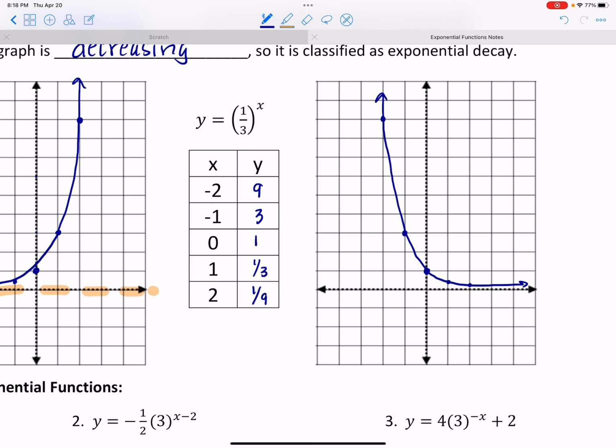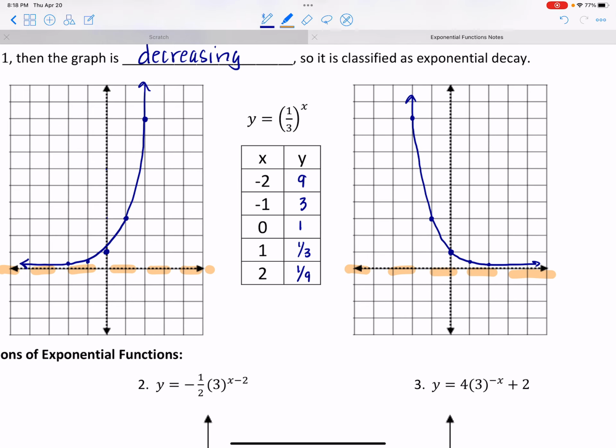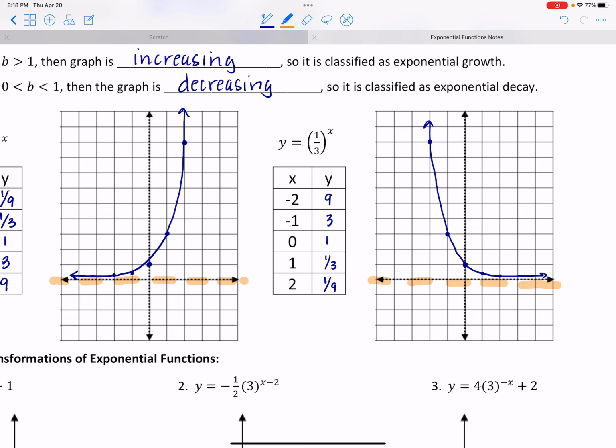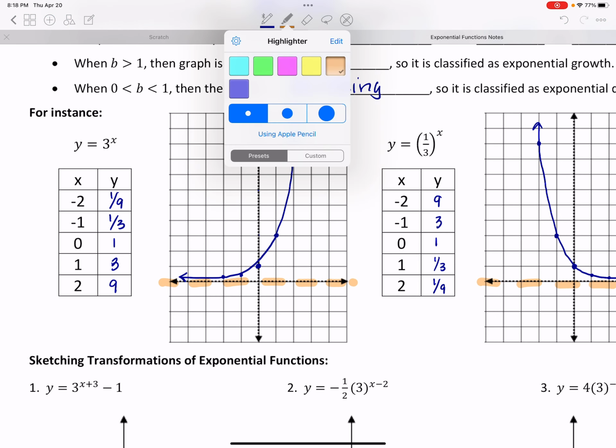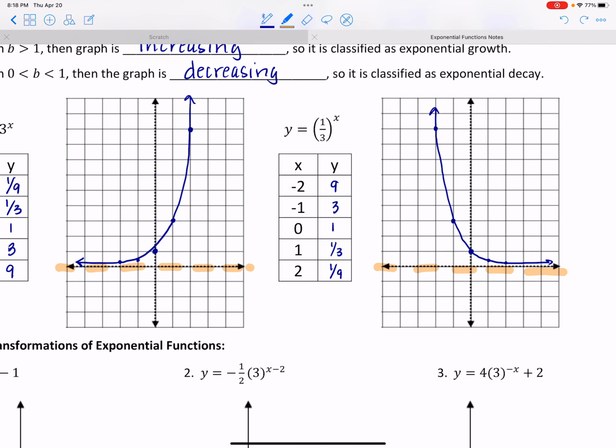And this is the basic shape that we see every time we have exponential growth versus exponential decay. So the increasing values, because we are multiplying by 3, right? The decreasing values, because I'm multiplying by a third, which is dividing my values by 3. So when I am dividing those values, again, I'm making them smaller.